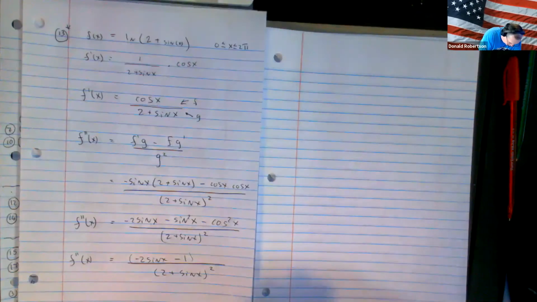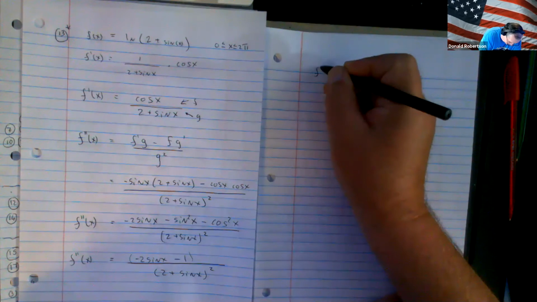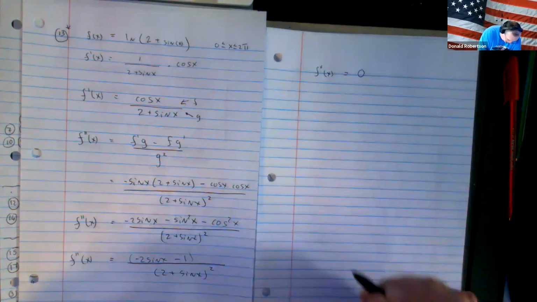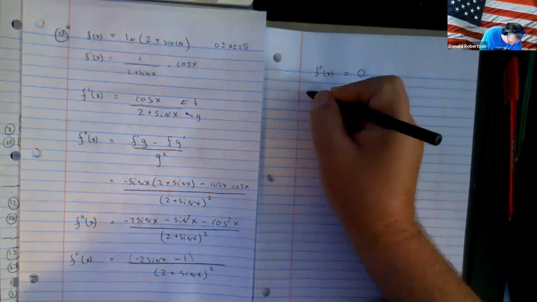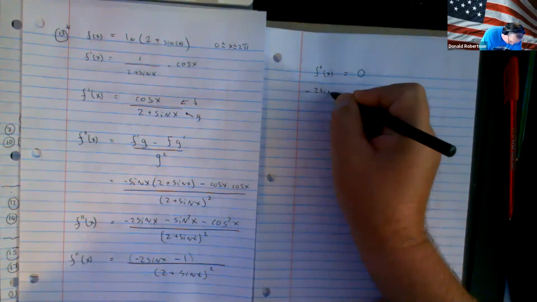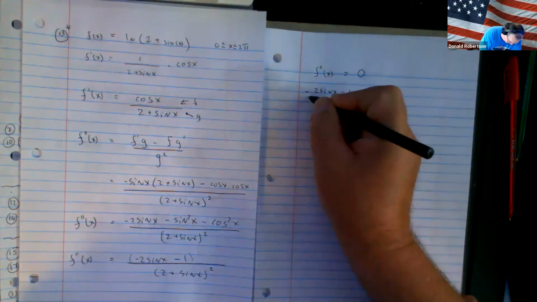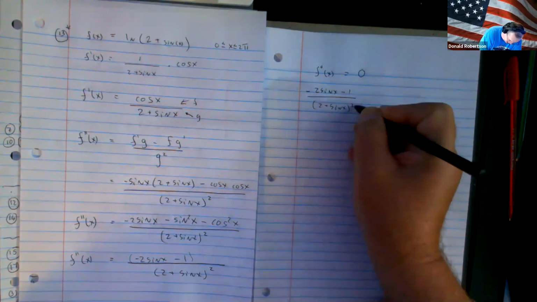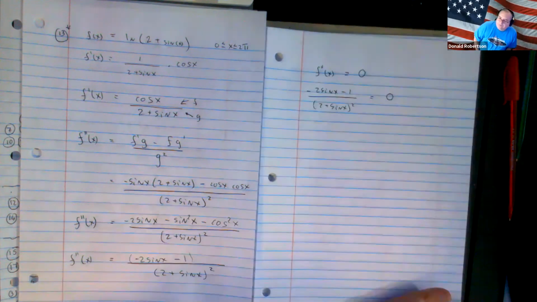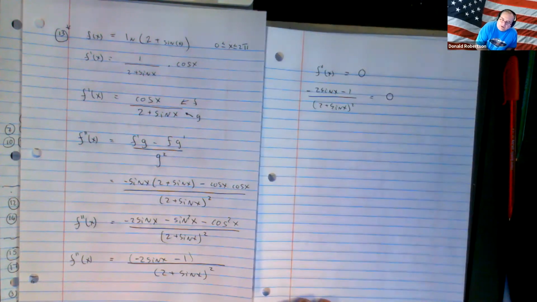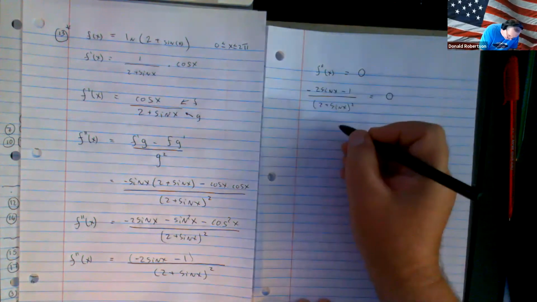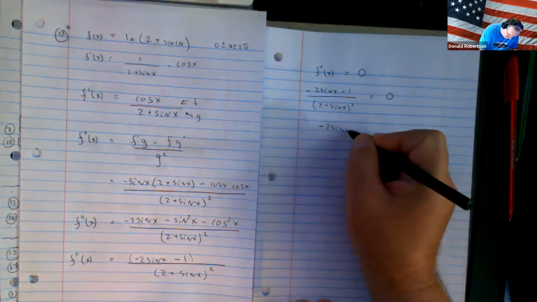Now let's look for critical numbers. I need to find out when the second derivative is 0, which means I need to basically solve this puzzle. A fraction will equal 0 only when the top is 0, so I can ignore the bottom.